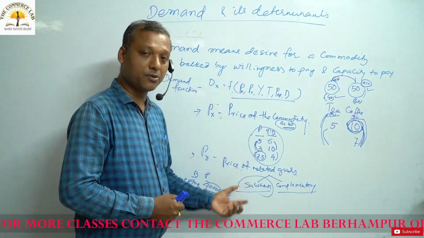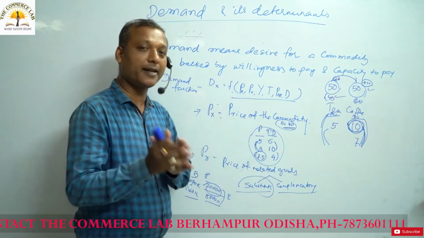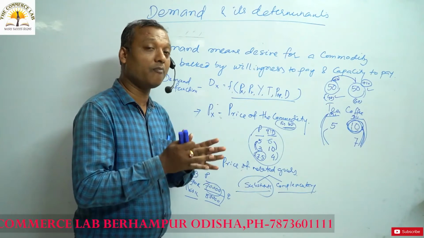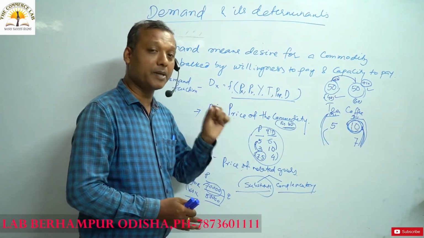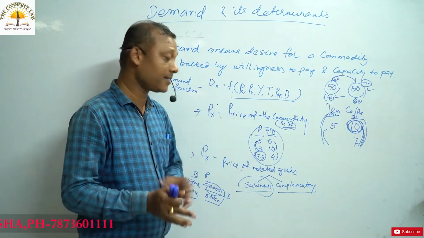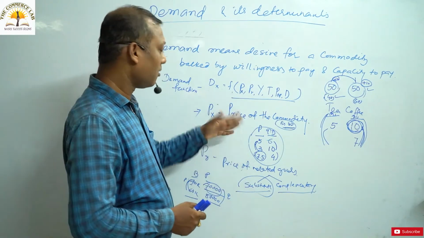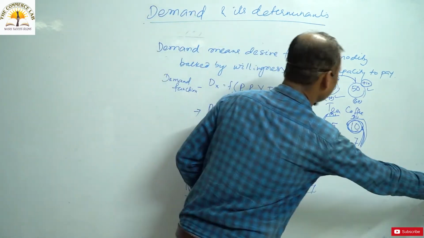In case of substitute goods, the relationship between the price of a commodity and the demand for the other is positive, and in case of complementary goods, the relationship between the price of a commodity and the quantity of the other is negative. This is the discussion about the price of related goods. We will discuss the other points.